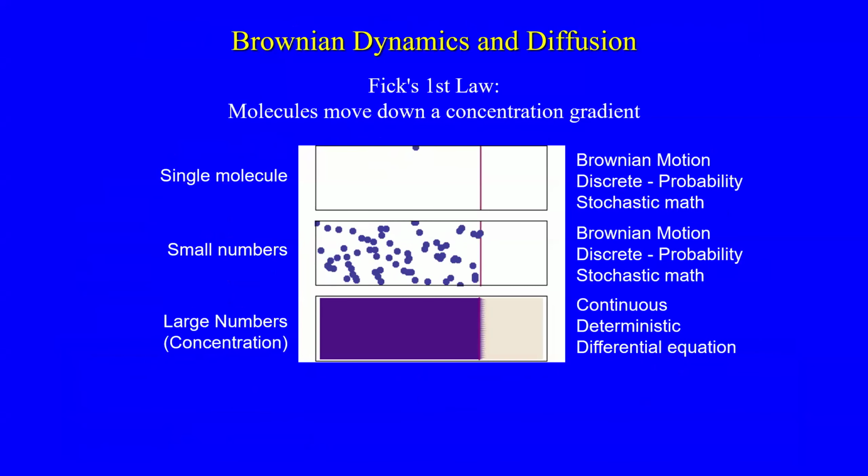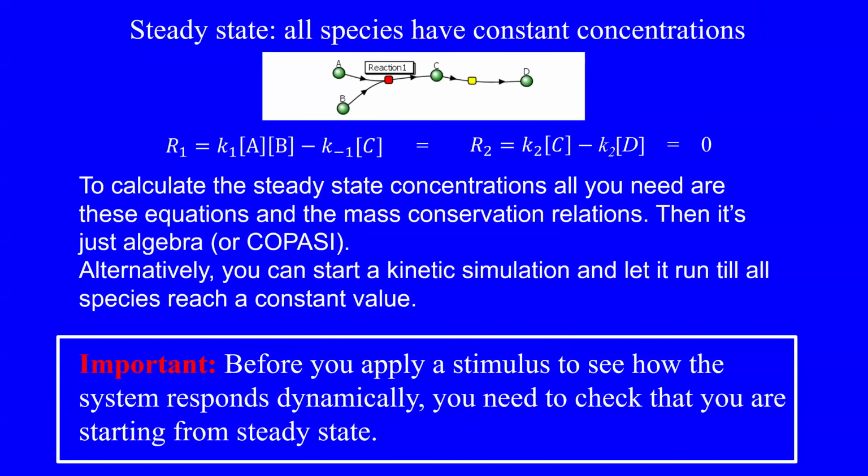I have a question. In COPASI and VCell, does it automatically solve at steady state when you're running simulations and you change a specific thing? Is it already assuming that your system's at steady state, or is that something you need to check for? You need to check for it.